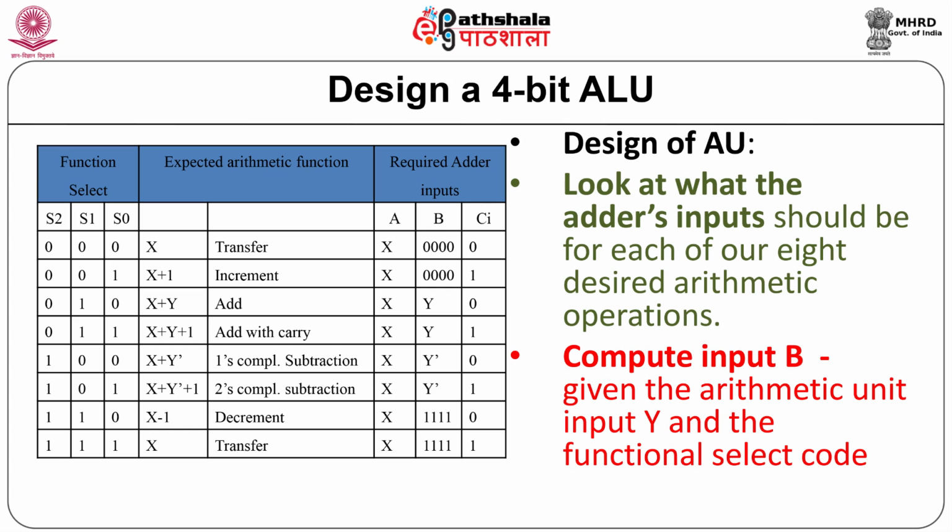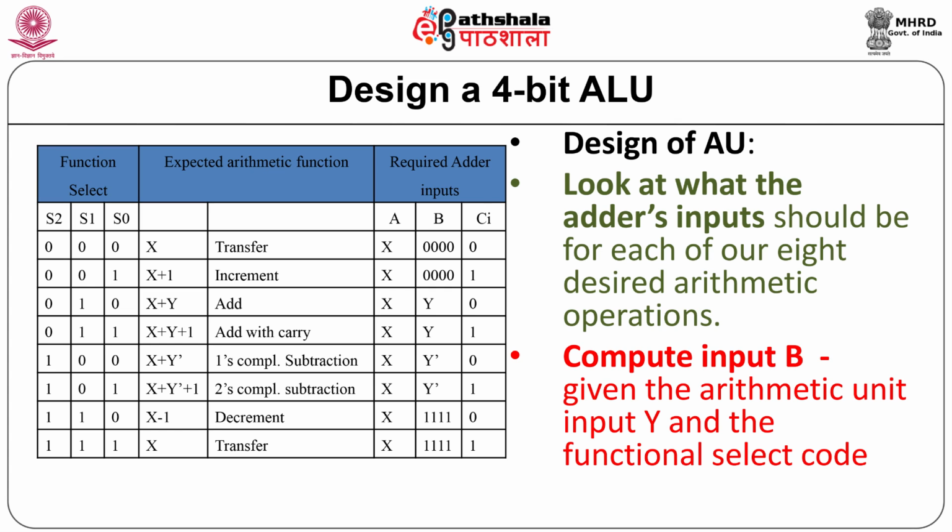At this moment, let us consider the adder inputs, and the input should be such that it should provide 8 desired arithmetic operations. Careful observation of the function table indicates that for all external inputs, operand x is connected to A input of adder.